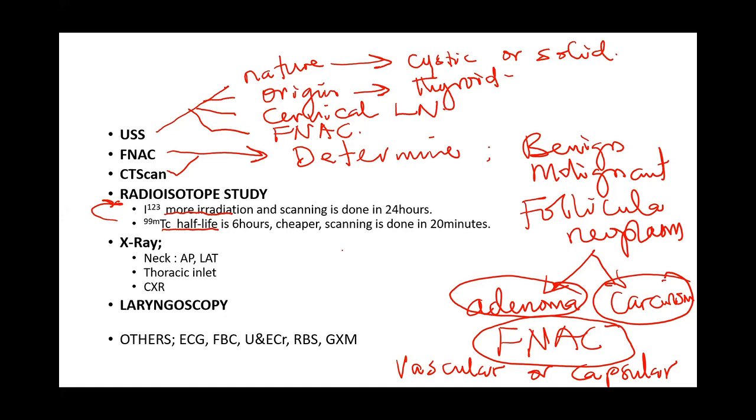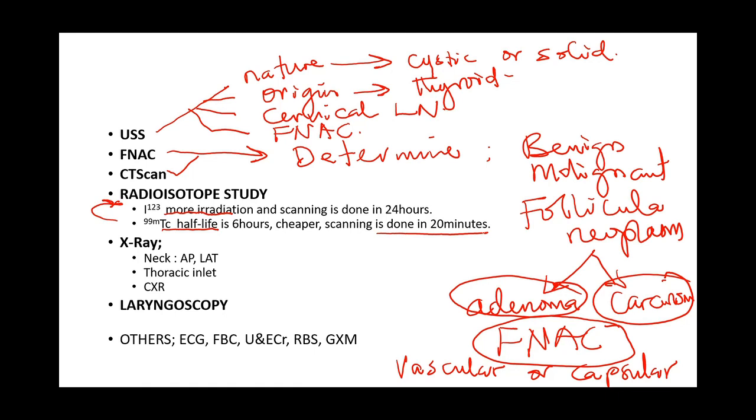That is one reason. Secondly, if you look at the half-lives and the duration of the scan. After administration of technetium 99, the scanning is done in 20 minutes, and the overall half-life of technetium 99 is 6 hours.